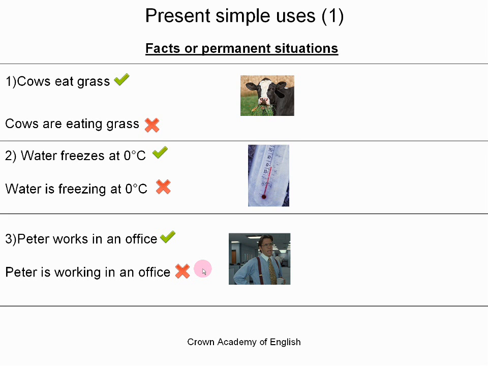Okay, so the present continuous is used for temporary situations, or something which is happening now but might not be happening in a few minutes or a few days' time. But this one, Peter works in an office, this is used for a permanent situation. This is describing a fact. Peter works in an office.